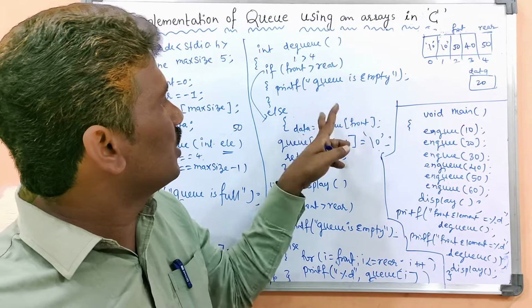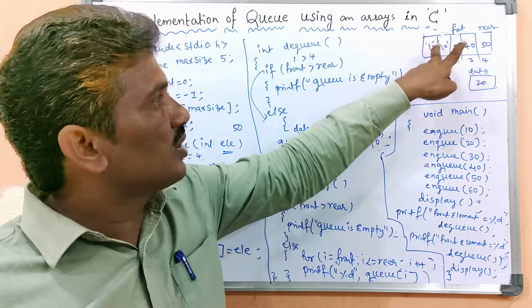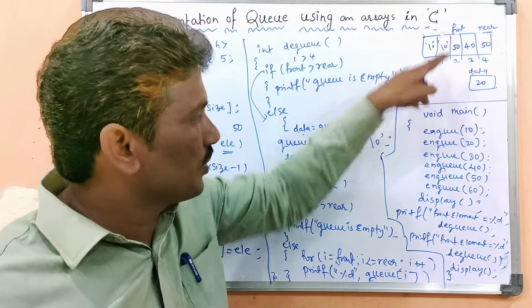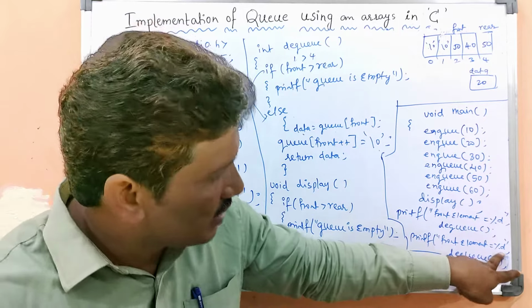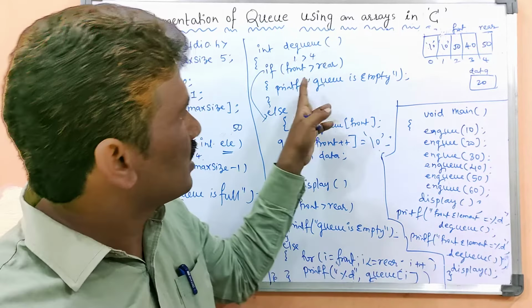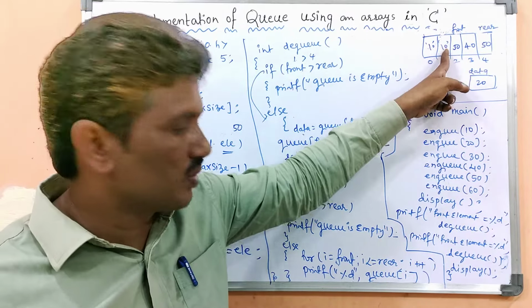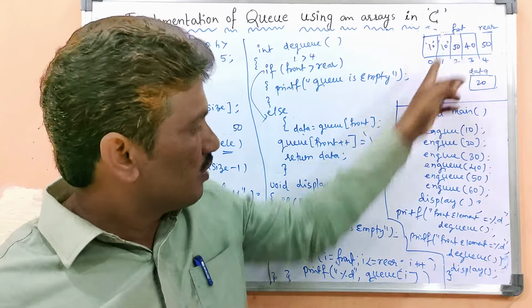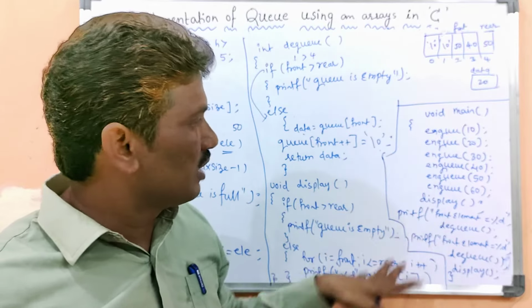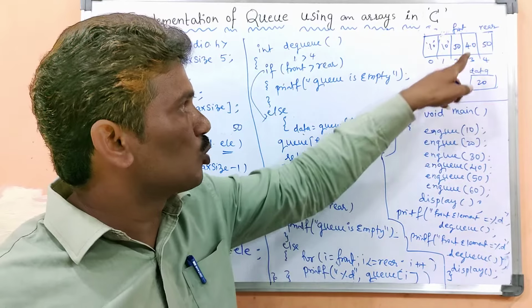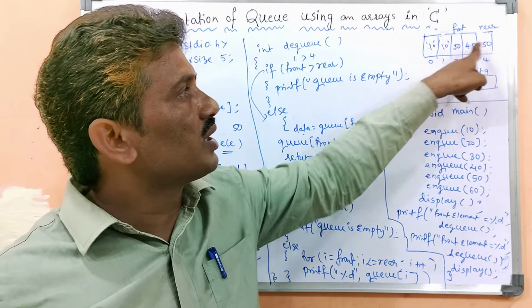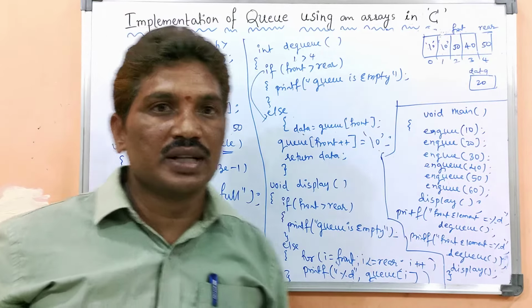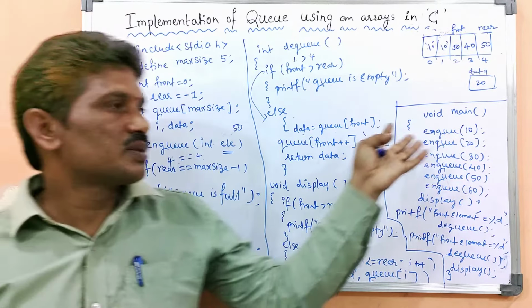Whenever you call the dequeue operation, the first element 10 will be removed from the queue. Again you call the front element and dequeue, and the front element 20 will be removed. Then display whatever elements are in the queue. All the elements will be displayed on the output console. The front 30, 40, 50 elements will be there in the queue, and those elements will be displayed on the output device.